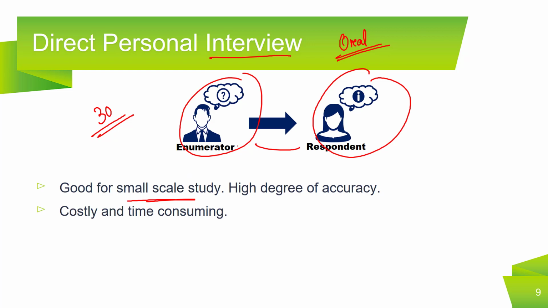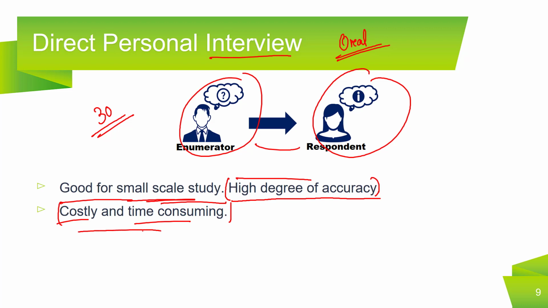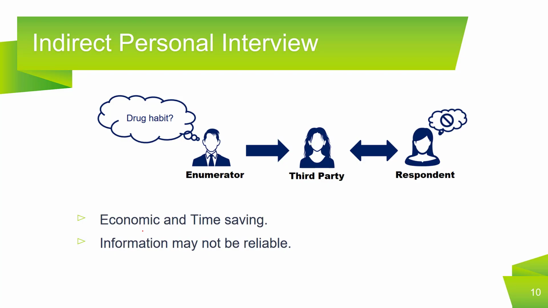But here it is very time consuming and costly, although it gives you a high degree of accuracy. So what are the good things here? That it is very accurate, but the bad thing is that it is very costly and time consuming, right? That is direct personal interview.